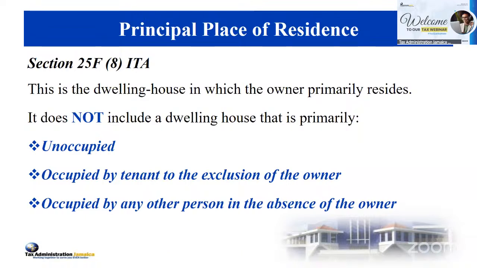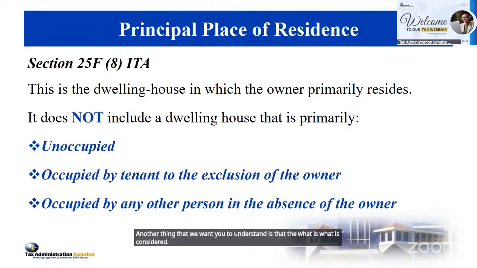Another thing that we want you to understand is that the credit is only in relation to dwelling houses. To the extent that a person installs the solar system for their commercial purposes, they would not be entitled to a credit.